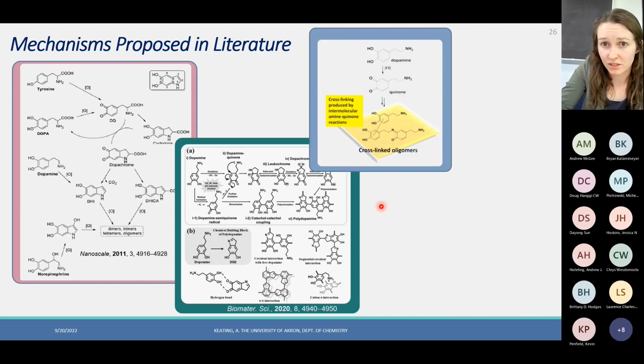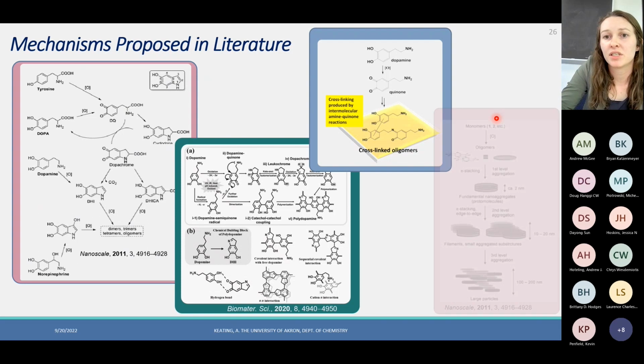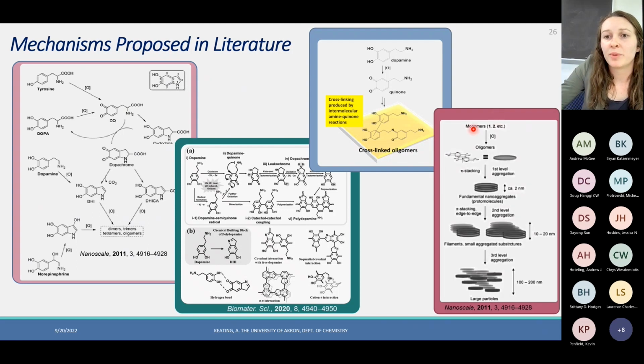There have also been cross-linked oligomers proposed from the amine-quinone reactions that could potentially happen between the species. And other people have proposed, and this has gained more traction in recent years, the idea that you have smaller oligomers that undergo pi-pi stacking, forming further stacked molecules into large particles ranging from 100 to 200 nanometers.